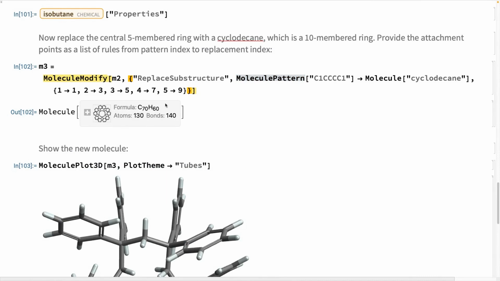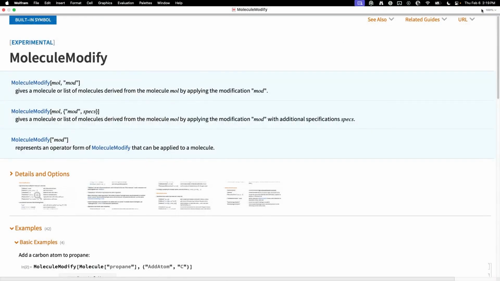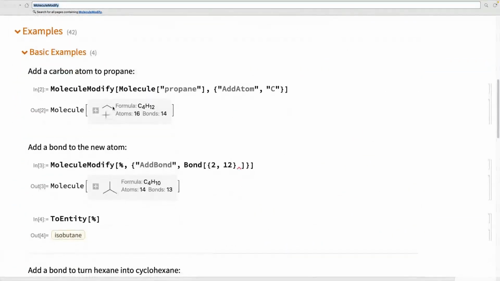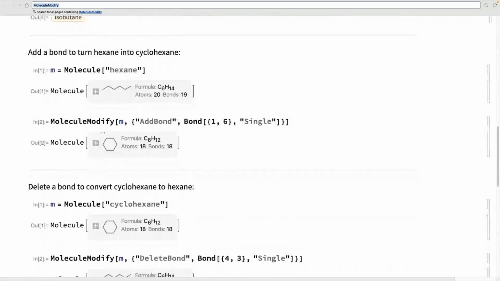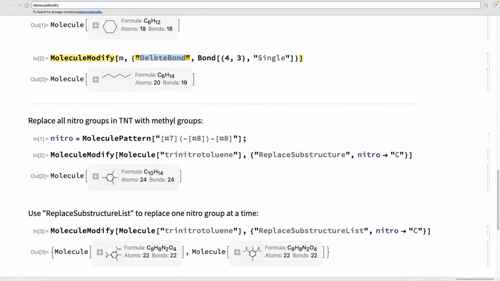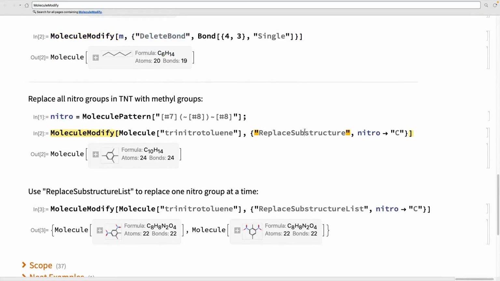And if you don't know what things are possible with replace substructure, again, I urge you, just check out the documentation. It's all too big. There we go. And you can look in here and see some basic examples. You can see that you can delete bonds and then replace substructures.